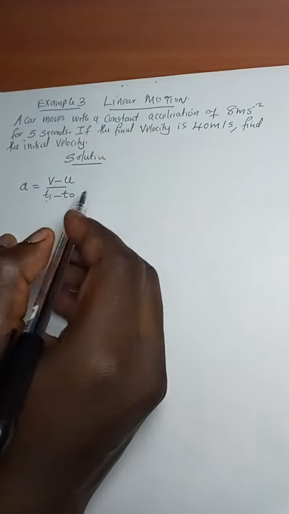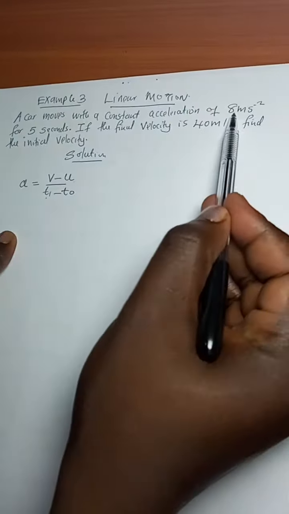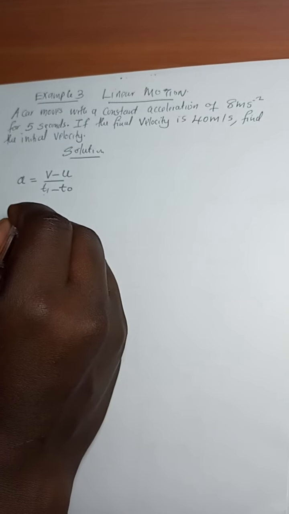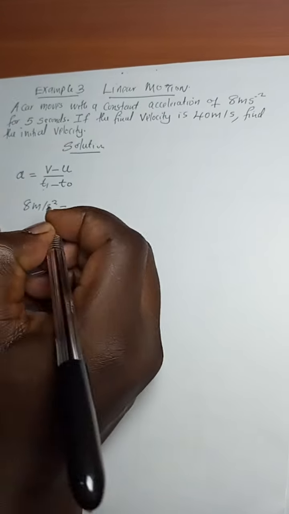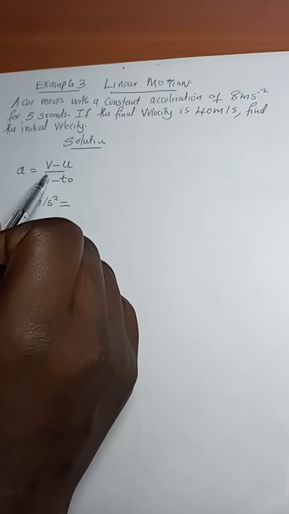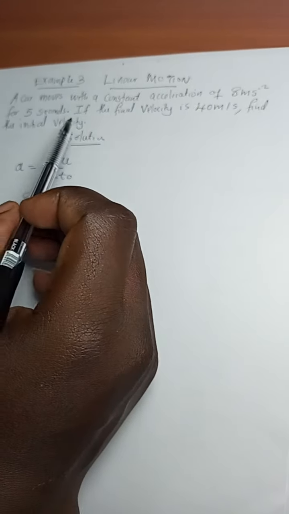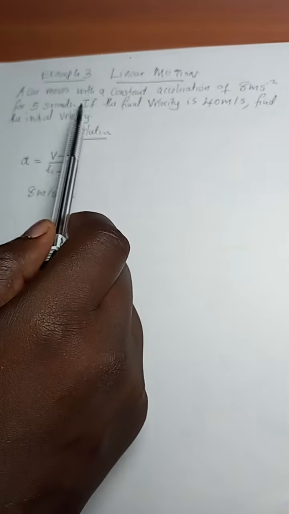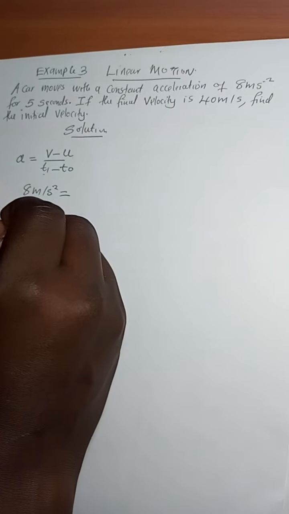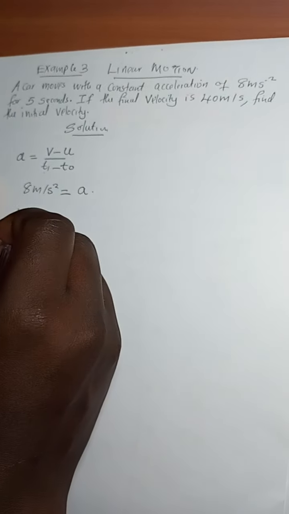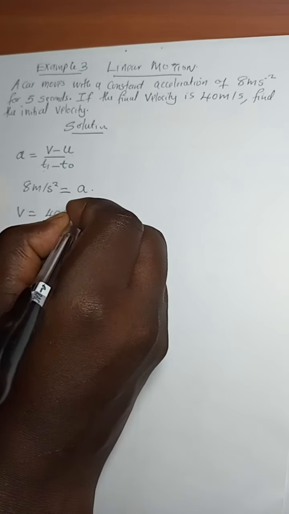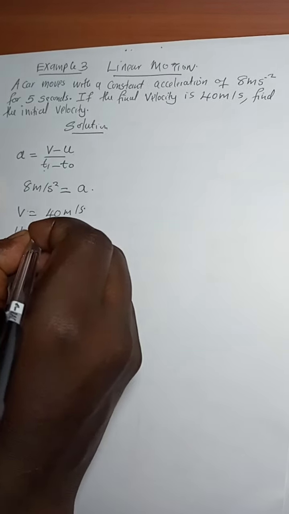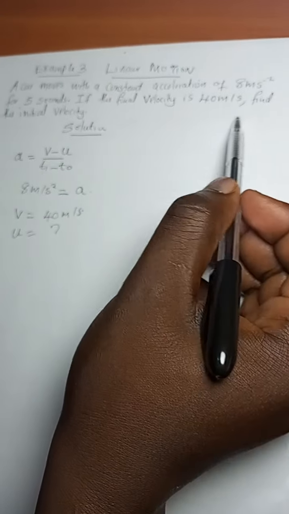So substituting these values, a here is 8 meters per second, per square second I mean. So 8 meters per square second should be equal to v, which is the final velocity, minus u. And from the question, we are told that the final velocity is 40, so our v will be equal to 40 meters per second, but our u we are not given, and indeed it is what we are being asked for.